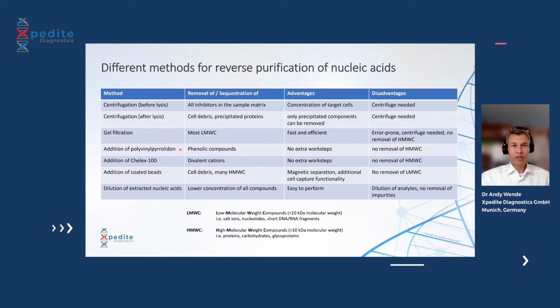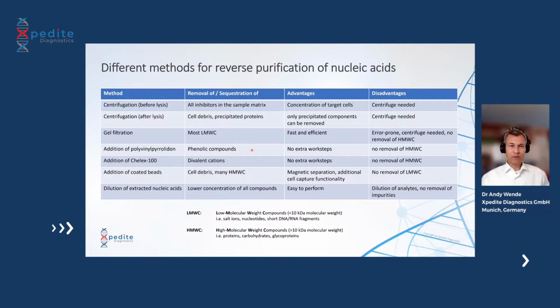The addition of PVP is particularly used for removal of phenolic compounds. In fact, it's not the real removal like in the three methods before, but it's a kind of scavenging, because this PVP is also a huge, high molecular weight compound, a polymer, and it has the property that it can bind phenolic compounds and so make sure they don't interact with other workflows anymore.